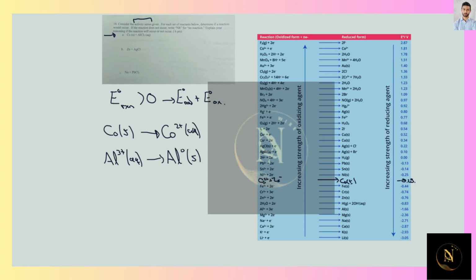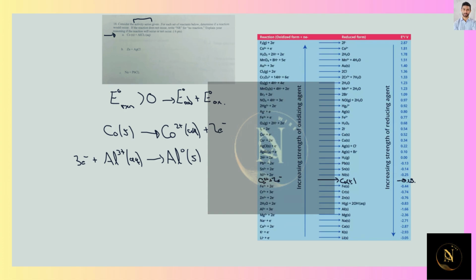So the number of electrons here, it really doesn't matter that much. Plus 2 electrons, and over here 3 electrons, and we really don't need to balance out the reactions. In this case, we just need to assess if there's going to be a reaction or not.